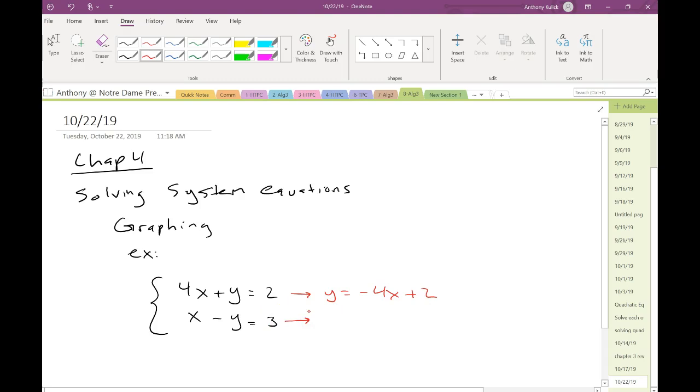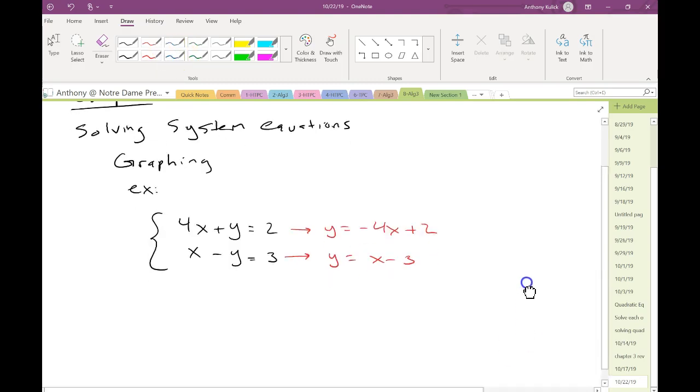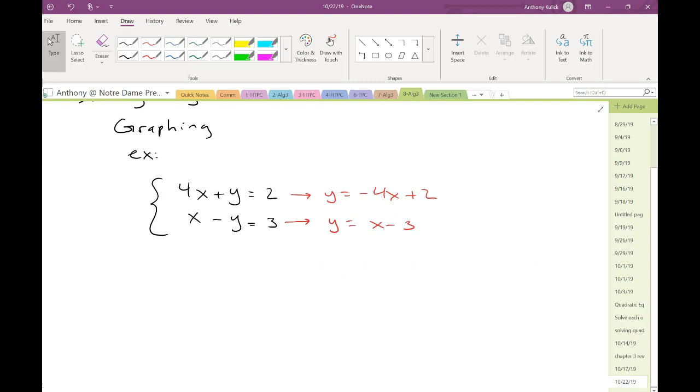And the second equation, I'm going to subtract x from both sides, and then also divide by a -1. And then I'm just going to graph these two lines on the same axis.